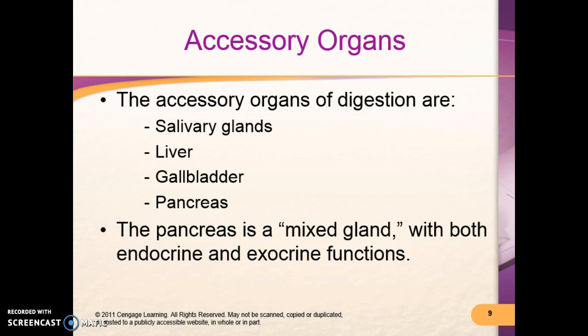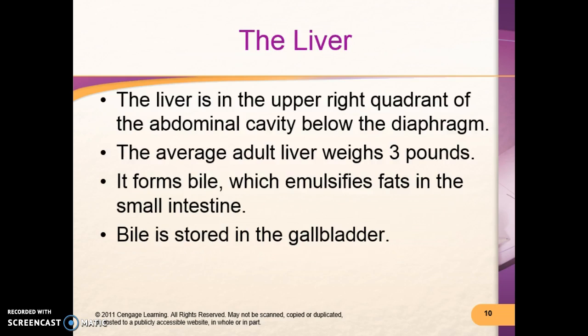That's why we call these the accessory organs, because they're kind of off to the side, literally and figuratively, and they're not exactly part of the digestive system, but they do work with it. The liver specifically helps to emulsify fat, so it's got a very important function within our digestive system.